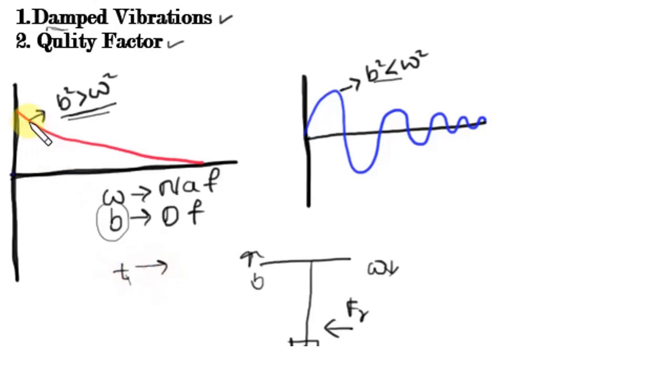If I draw it, slowly it is attaining the equilibrium position. Considering this line as the equilibrium position, slowly without any oscillation the system reaches the equilibrium position. This kind of oscillation we call over damping oscillation.